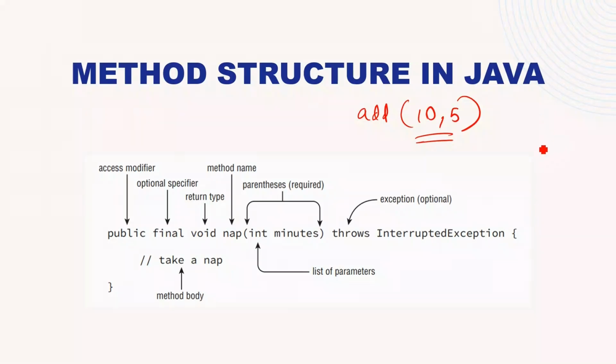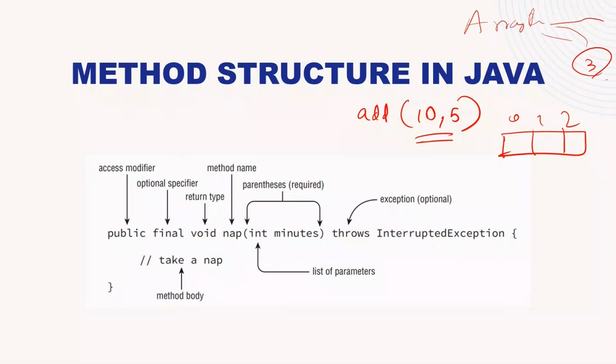If the size of an array is 3 and you are accessing index number 3 over here, which is not present in this array, then you get an ArrayIndexOutOfBoundsException, right? That is one of the exceptions, and you can specify that your method is throwing that kind of exception, so that the caller may be able to handle it, but that's a different case. It is also optional, you don't have to write it every time.